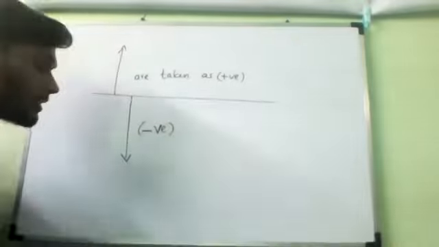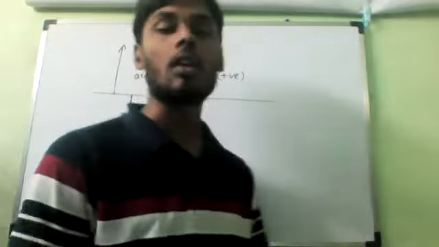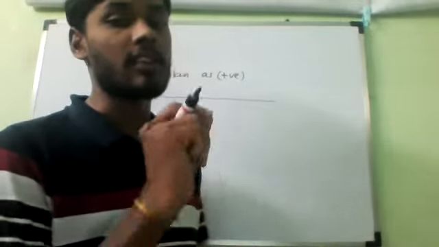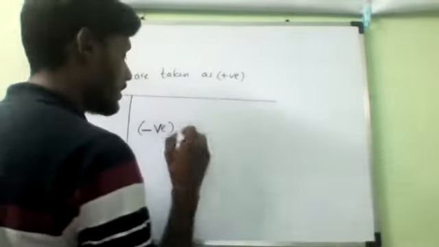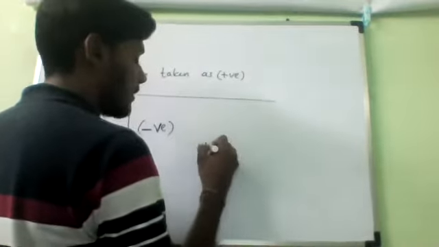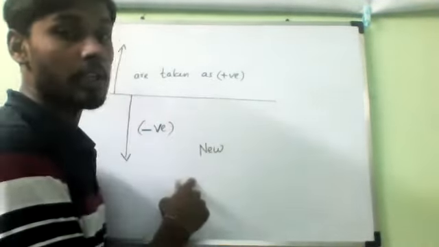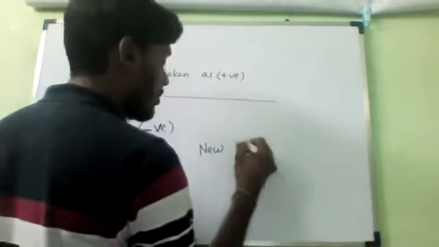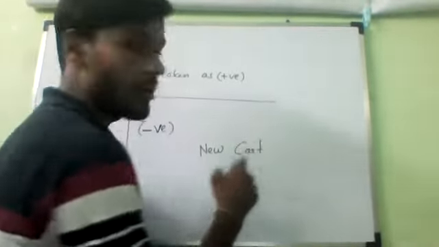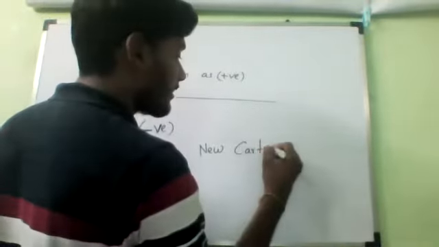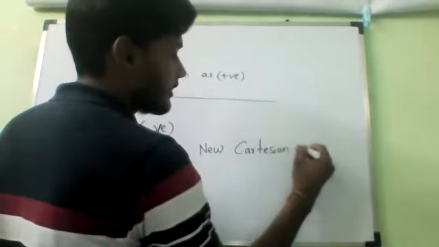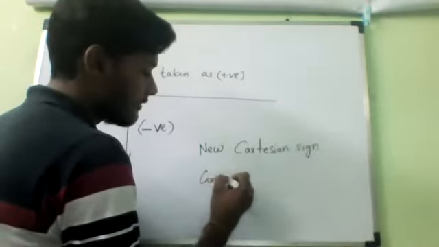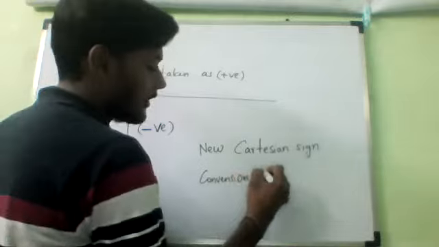Now remember, this sign convention is called the Cartesian sign convention. Whatever sign convention you have studied with the diagram is called the new Cartesian sign convention for mirrors. All of you should remember that. Spelling: C-A-R-T-E-S-I-A-N, Cartesian sign convention for mirror.